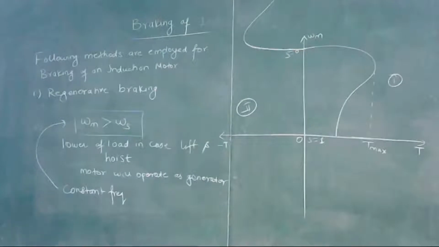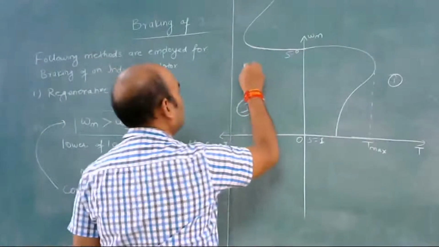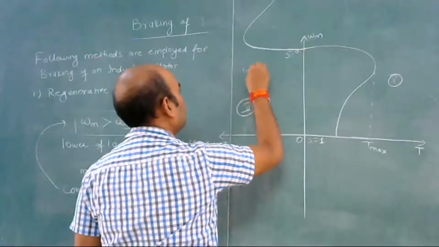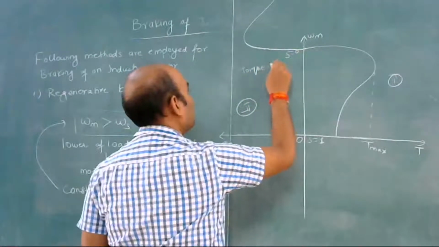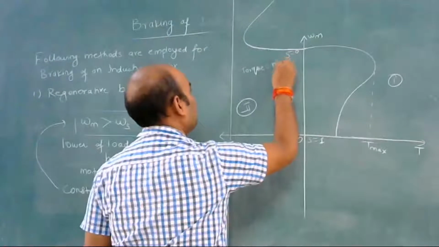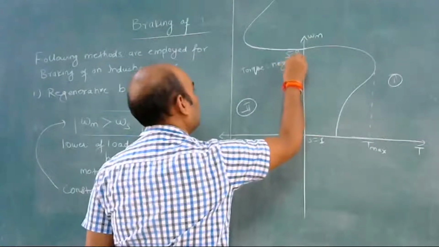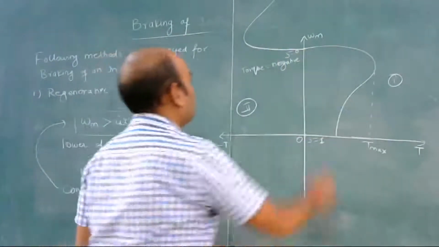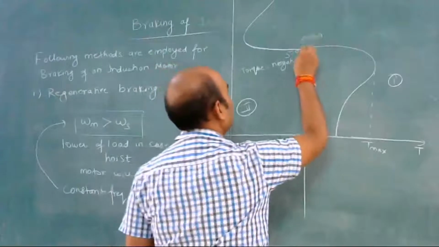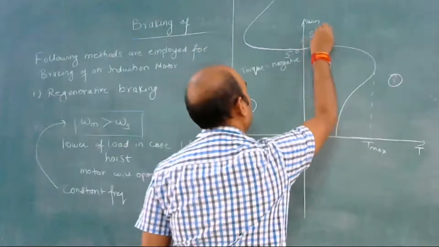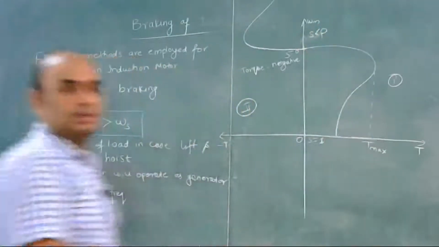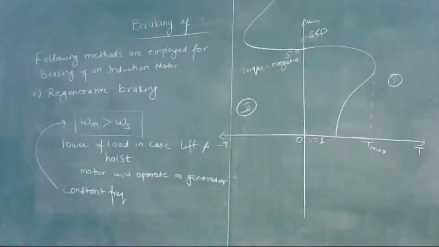So this is negative torque. Slip in this case is negative; slip is less than 0.